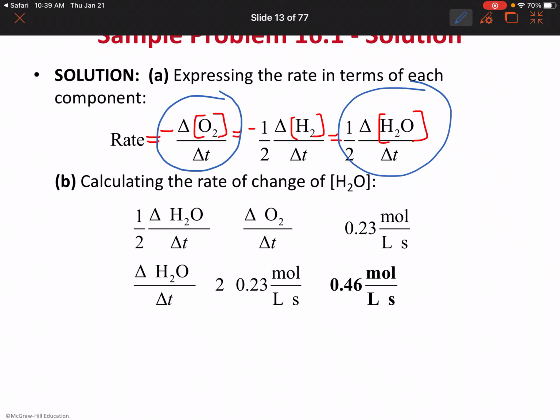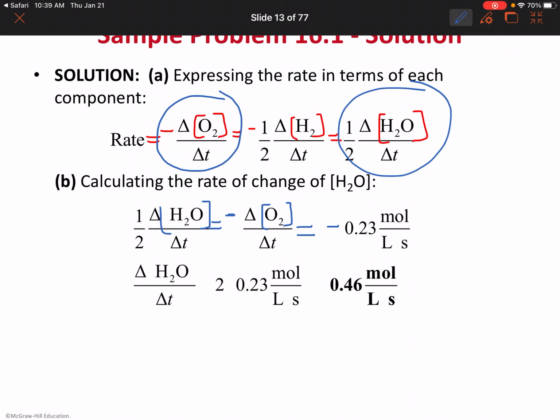Half delta concentration of water over delta T, remember that is positive, equals negative delta concentration of oxygen over delta T. Now we were given the change of concentration of oxygen as 0.23. Since oxygen concentration is decreasing, you put it as negative 0.23 moles per liter per second.